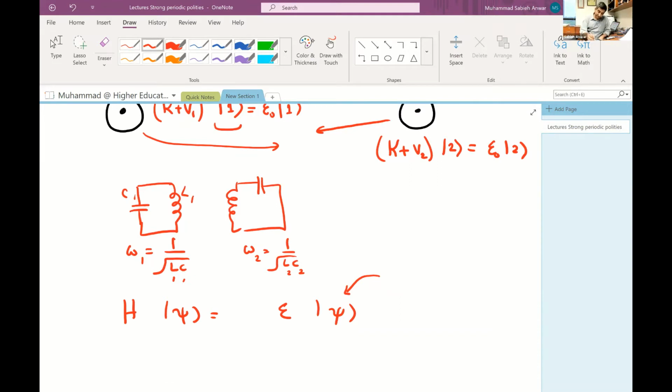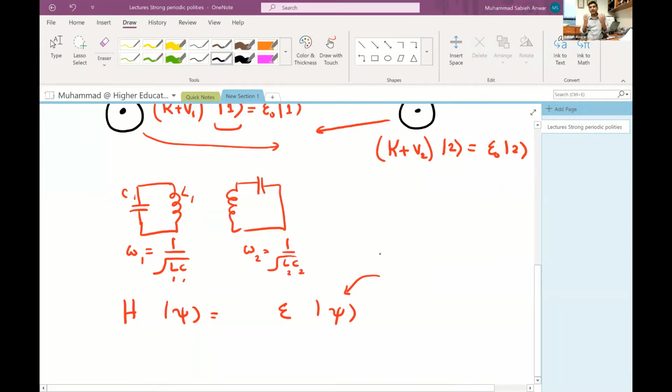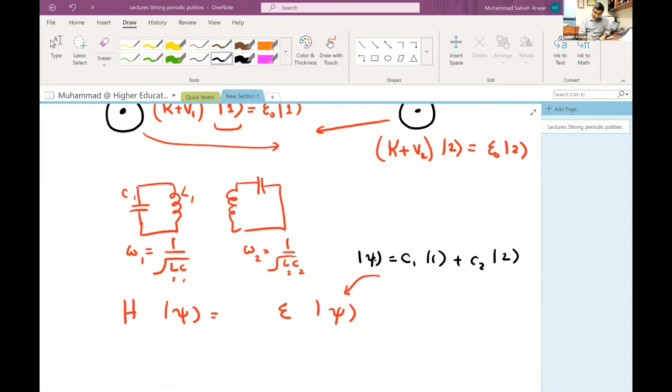Whatever the case may be, we always know that the Hilbert space dimensionality of this electron is still 2, which means that we need two basis vectors. Those basis vectors can be the atomic orbitals themselves. So we create superpositions of these atomic orbitals, and we propose that this is our trial solution. And solving the Schrodinger equation means finding these coefficients C1 and C2.